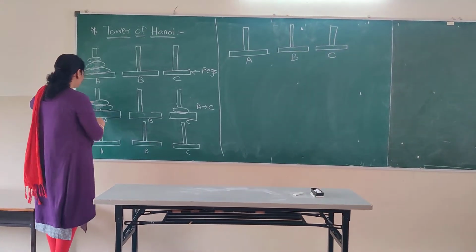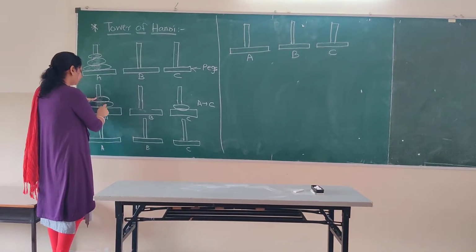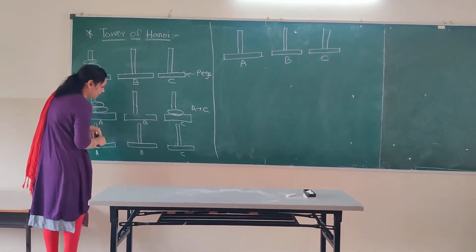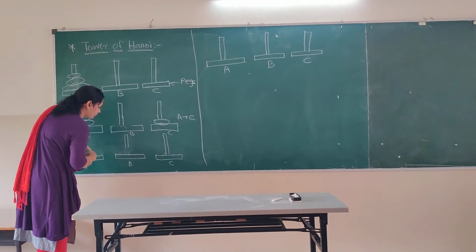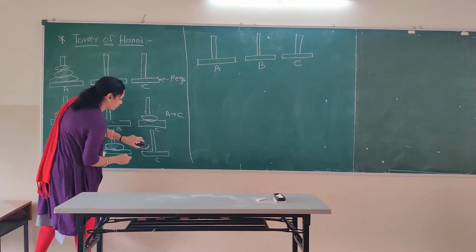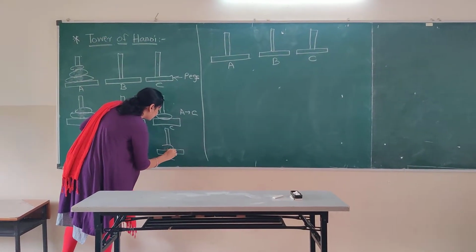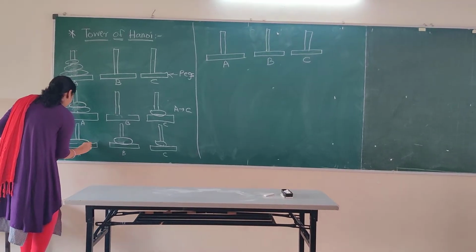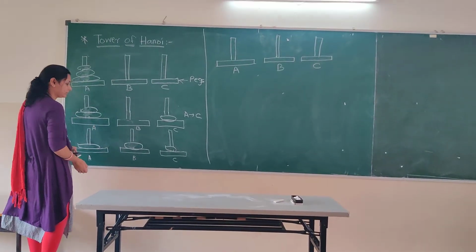Now see, this is the middle, this is the larger. Now I will move this particular middle disc to B. So now you will understand it. This is my middle. This is smaller. This is larger.